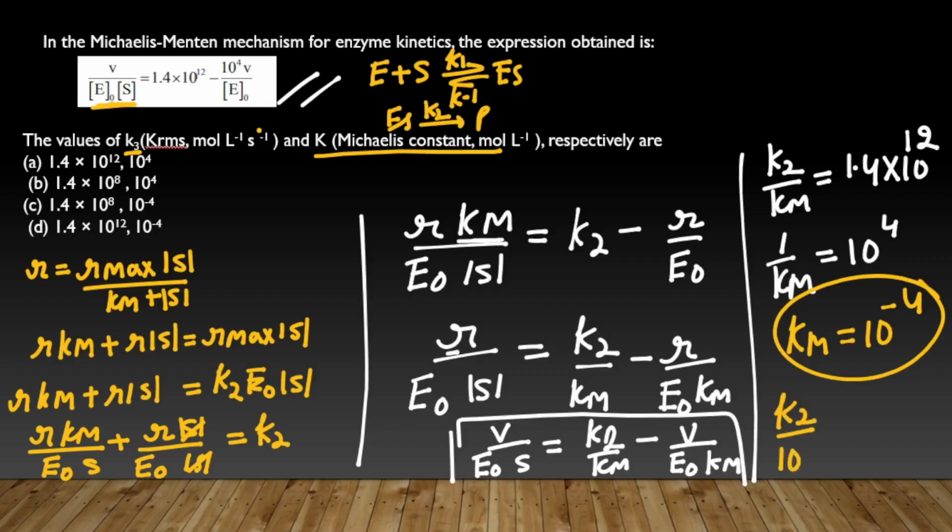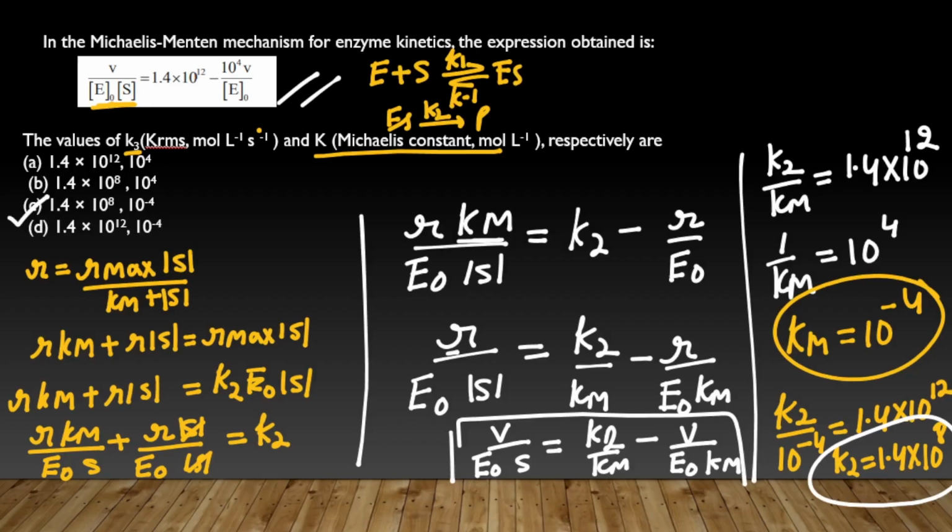K2 upon 10 raised to the power of minus 4 will be 1.4 into 10 raised to the power of 12. So from here the K2 value you get is 1.4 into 10 raised to the power of 8. Okay, so this is K2 and the Km values that we were to calculate: 1.4 into 10 raised to the power of 8 and Km is 10 raised to the power of minus 4. Option C will be the correct answer for this.